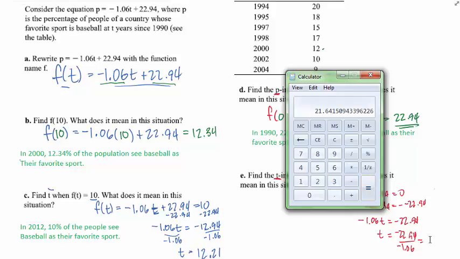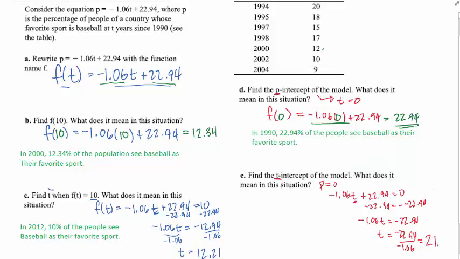So this is equal to 21.64. Now remember, this is not a percent, this is a time. So 21.64 is going to be the time since 1990. So I want to go 1990 plus 22 if we're rounding off.